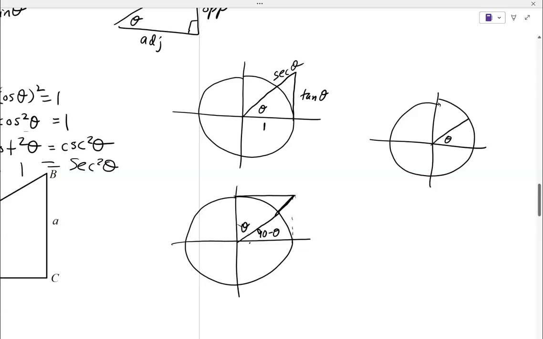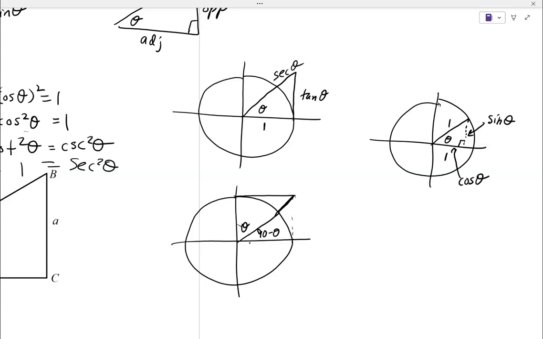If this is my theta, and this is 1, if I drop the perpendicular down this way, this side is still 1 because that's a radius of the circle, right? So this side is your sine, and this little side here is your cosine from the triangle or from the circle. That is something that is helpful for us later on, looking at a circle from that perspective.